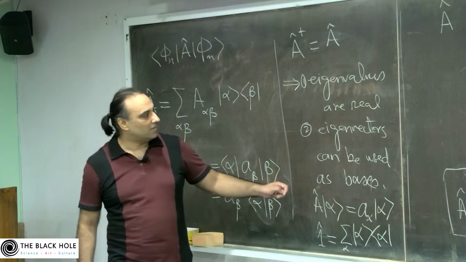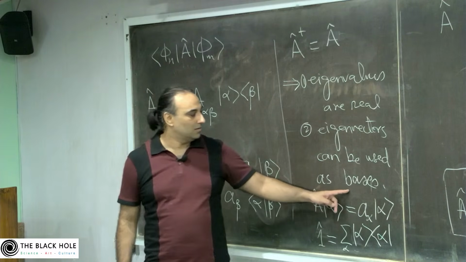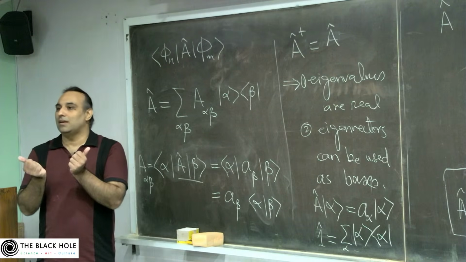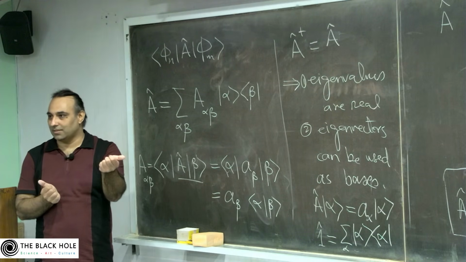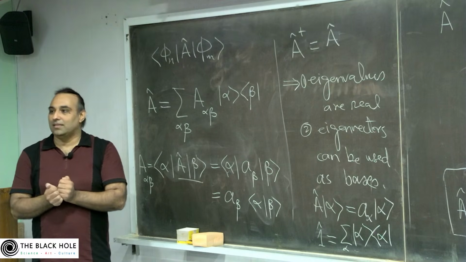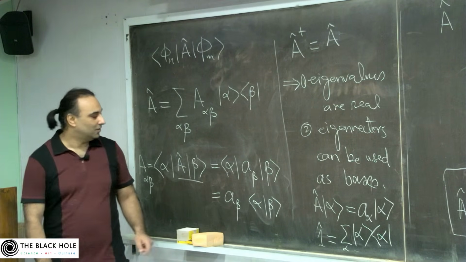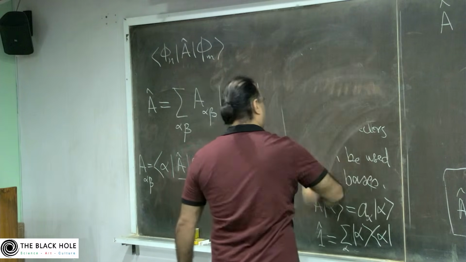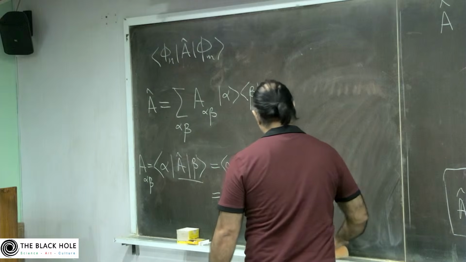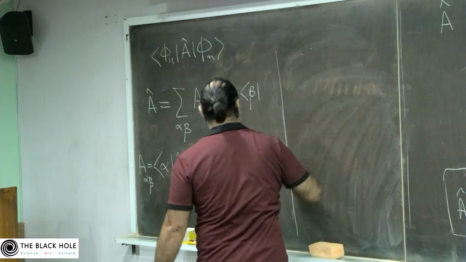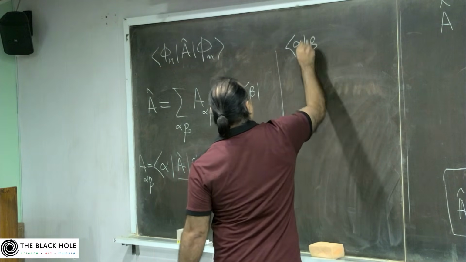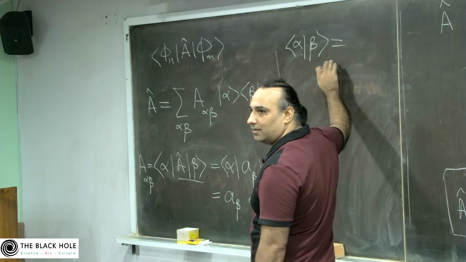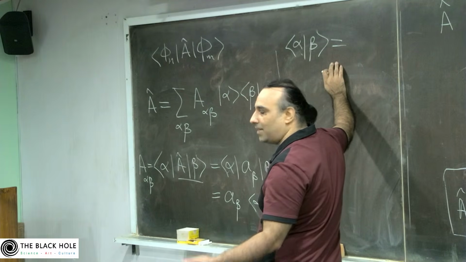If we say that our bases are orthonormal, that means every vector is perpendicular to every other vector and they are normalized. This is basically just a mathematical expression for orthonormality.